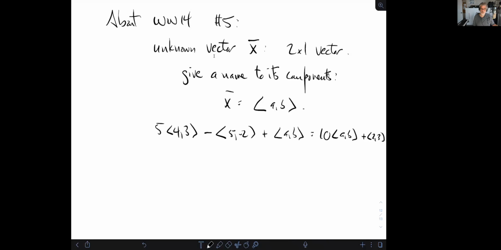Okay, so you see that you can compute all of this, and eventually you're going to get an equality of vectors.